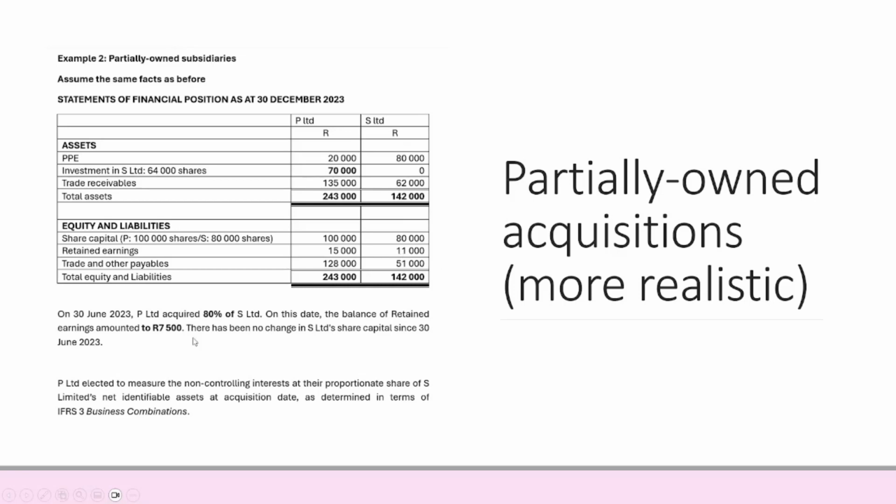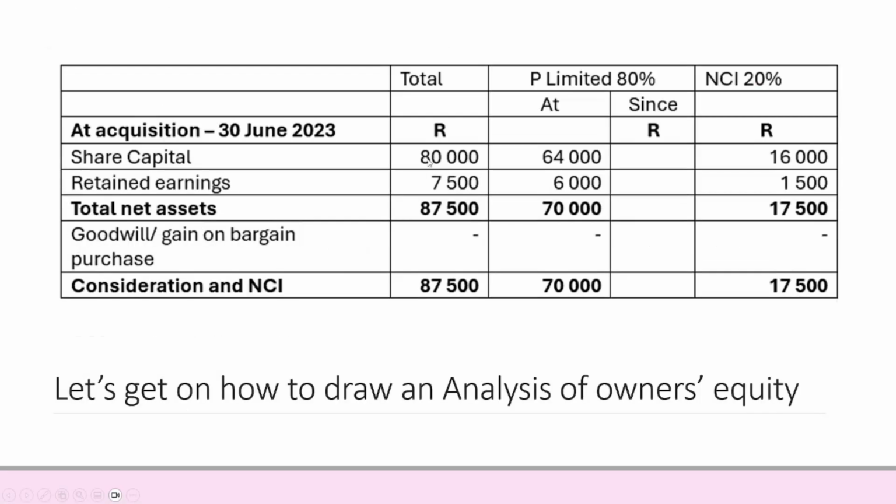Why? Because that is not the retained earnings at acquisition. So your 80,000 literally comes from your total column, going 80,000, your 7,500, which was your retained earnings on acquisition, giving you total net assets of 87,500 Rand.